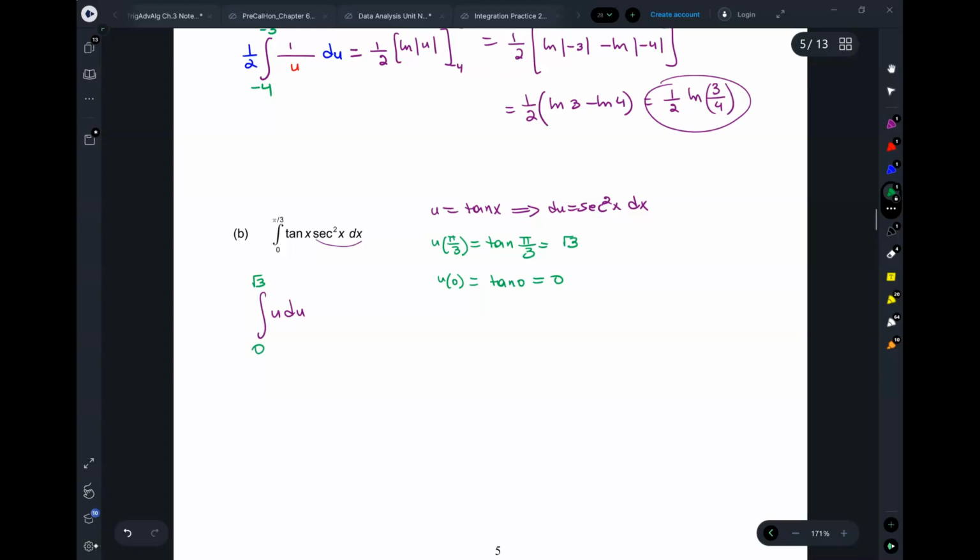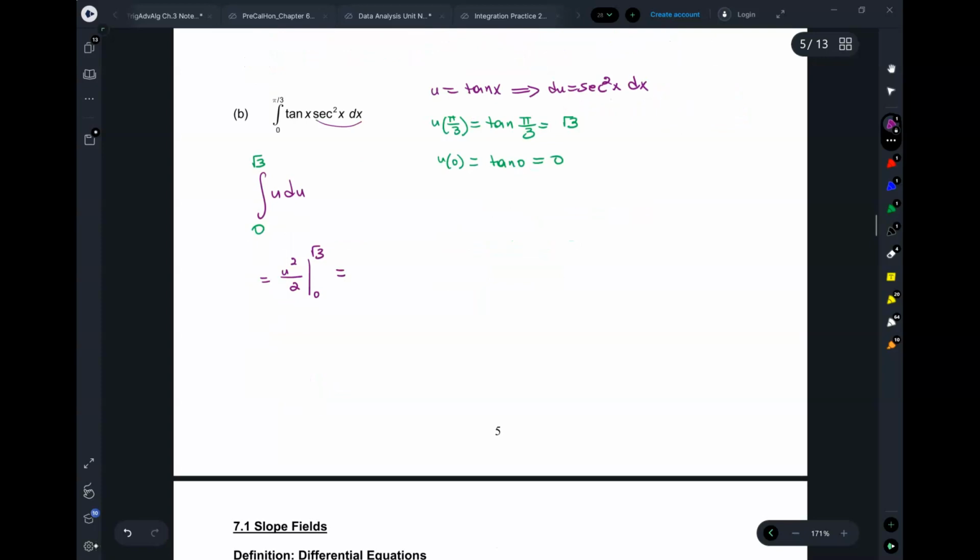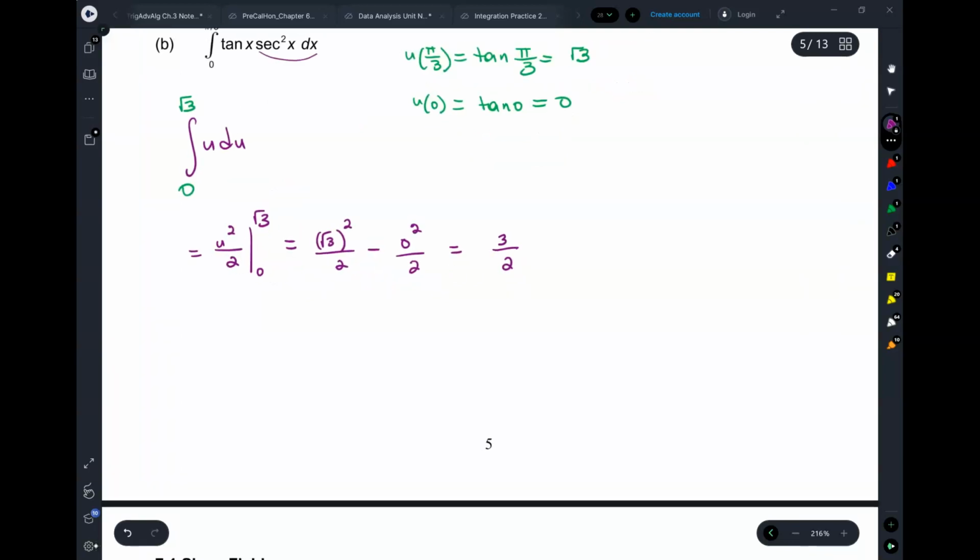That goes here. Let's integrate: u squared over 2 from 0 to root 3. Root 3 squared over 2 minus 0 squared over 2 is 3 over 2.